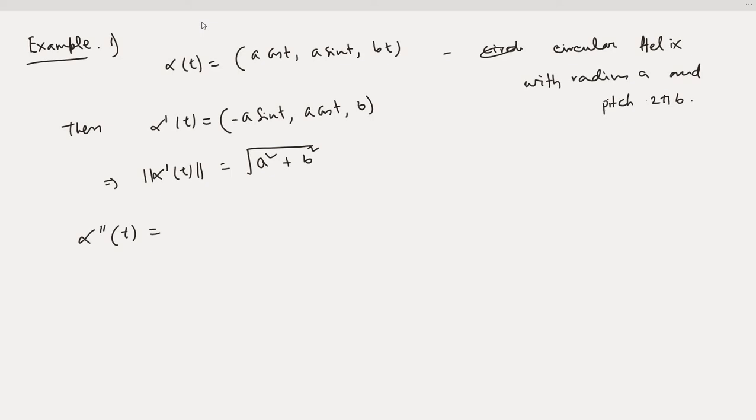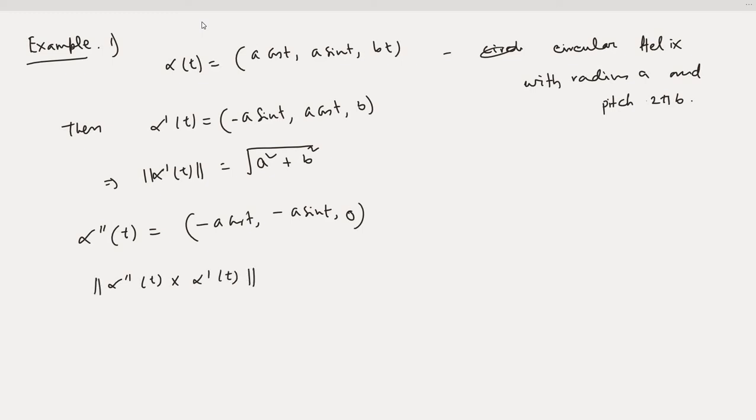Alpha double prime of t is equal to minus a cos t comma minus a sin t, and the third component is 0. So now we compute the cross product alpha double prime of t cross product with alpha prime of t and its norm.